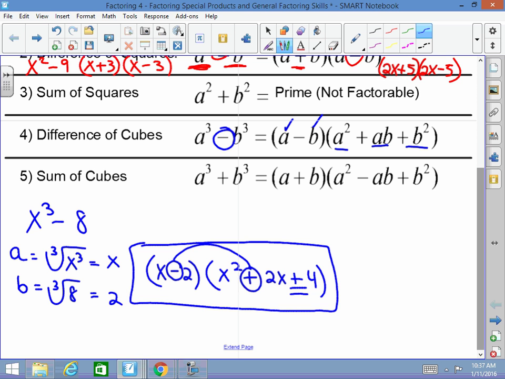So this is negative. You change the sign to positive, and this stays positive always. So, if it's positive, then you change it to negative. Correct. Just like in the sum of cubes, same formula, except this is positive, change sign to negative. This one always stays as positive. Does that make sense?